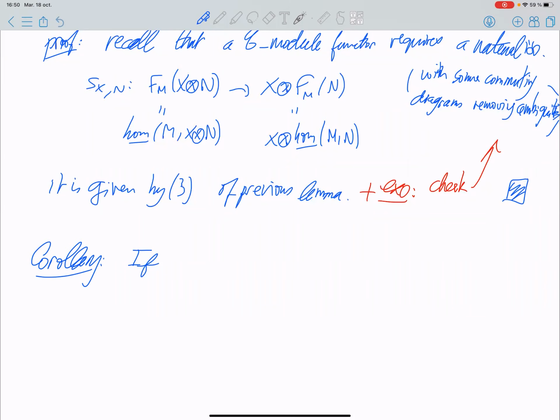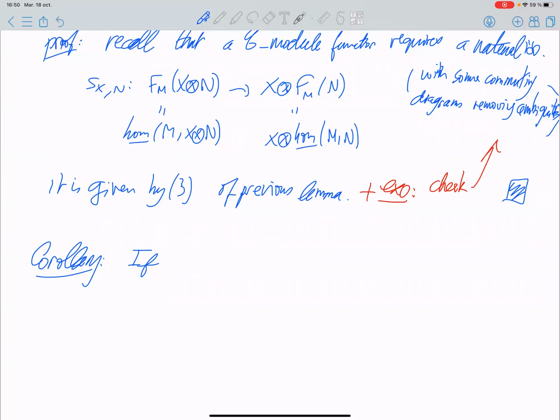If M is an exact C module category, then the internal Hom bifunctor is exact in each variable. So we already know that without assuming M to be exact, the internal Hom bifunctor is left exact in each variable.